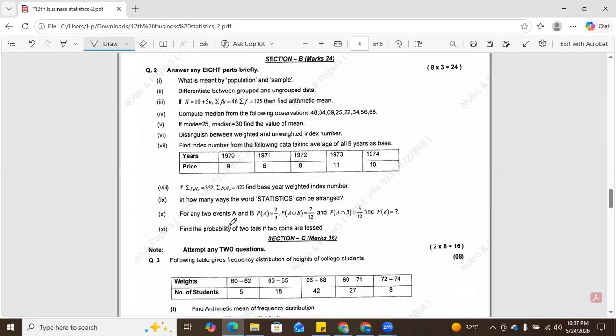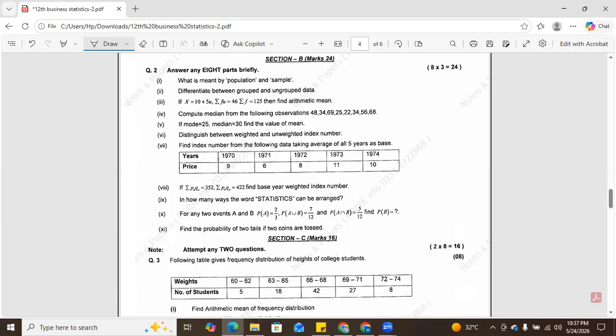For any two events A and B, P(A) is equal to this, P(A union B) is equal to this, and P(A intersection B) is equal to this. Find P(B). Find the probability of two tails if two coins are tossed. So these were the important questions in the past paper.